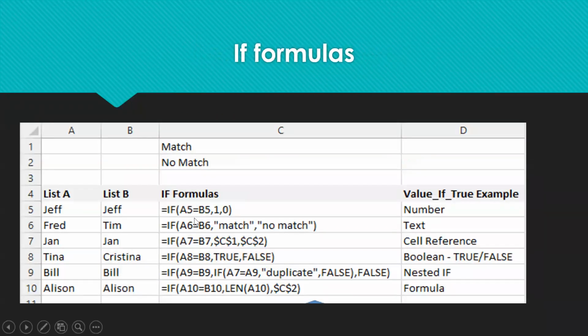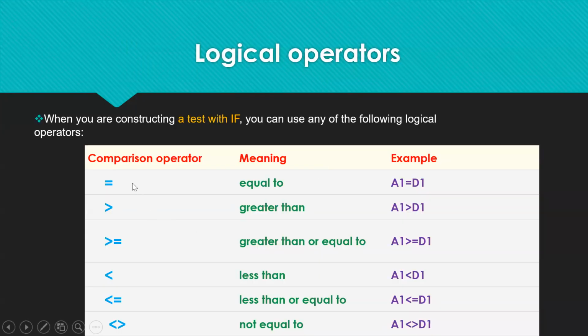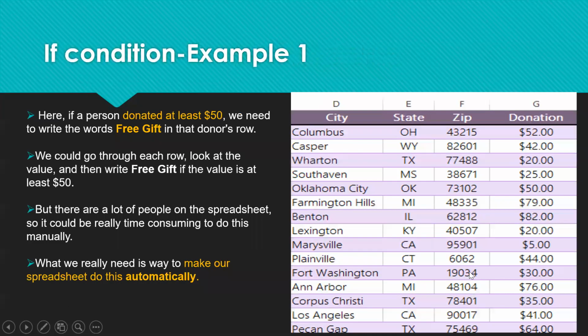In this example, we see the equals condition. Similar to equal to, we can replace the condition with any of these operators, so we can write an if condition based on all of these operators.